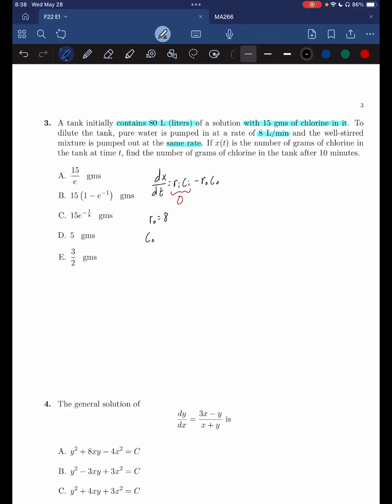And our concentration out, in general form, is going to be x of t over v every time. Why is that? It's because the mixture is uniform. So v we know is 80. So now our equation looks something like this. Remember, there's a negative, and our minus r out times concentration out is 8x over 80. We're going to simplify that down to this.